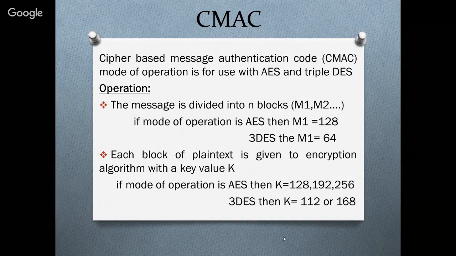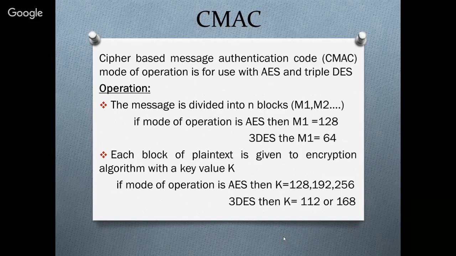The same process goes on over here. The message is divided into n blocks, and each block is processed separately. If the mode of operation is AES, then each block is 128 bits. If the mode of operation is 3DES, then your message will be divided into 64-bit blocks.